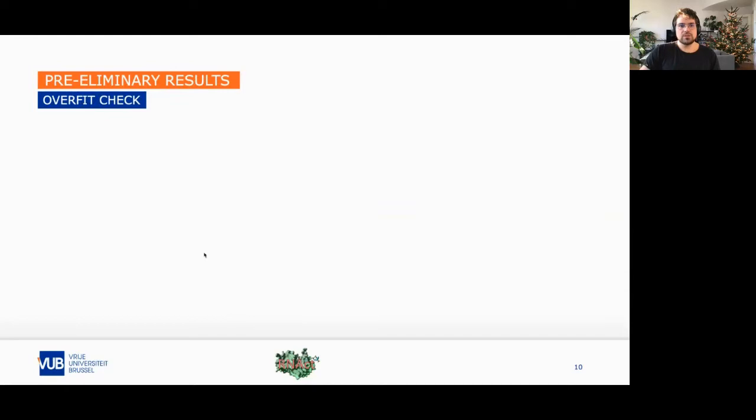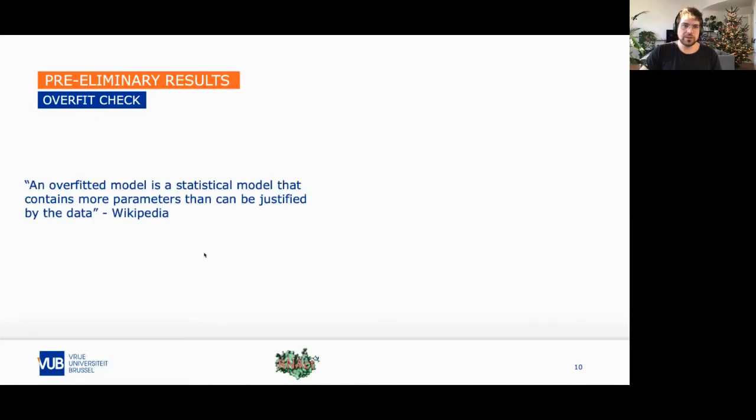When you're training a neural network, the first thing you want to check is if your network is complex enough to represent your problem. To do so, you want to see if you can at least overfit your result. According to Wikipedia, an overfitted model is a statistical model that contains more parameters than can be justified by the data. So if our model is overfitting, we're going to see a perfect overlap of the ground truth and the predicted values.